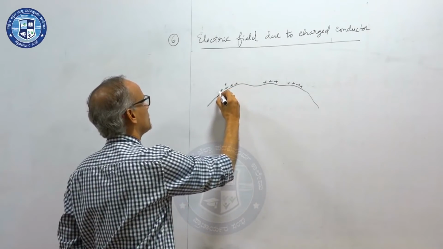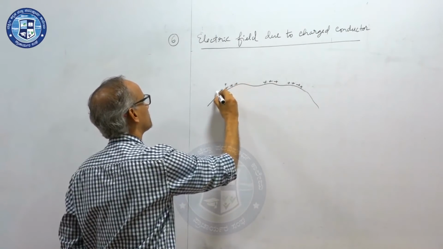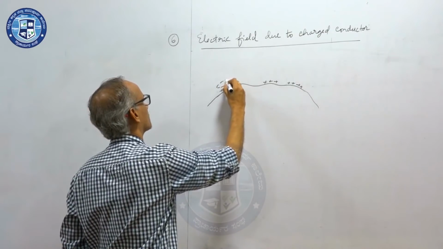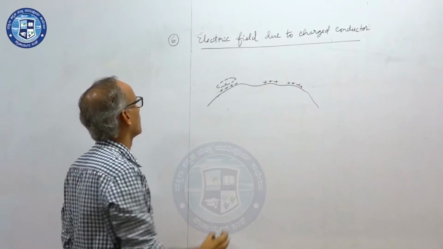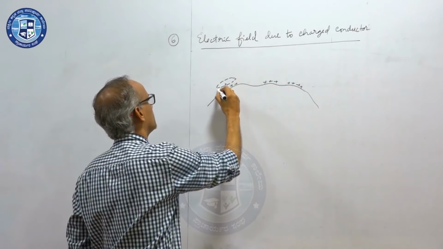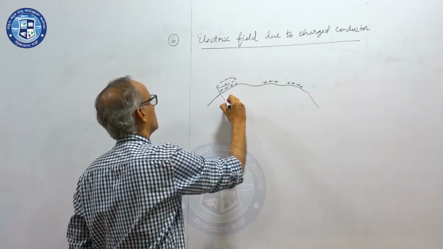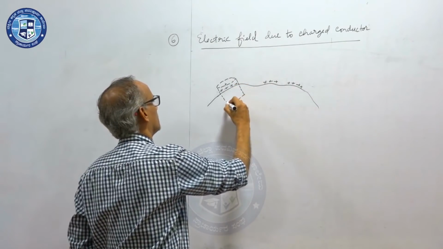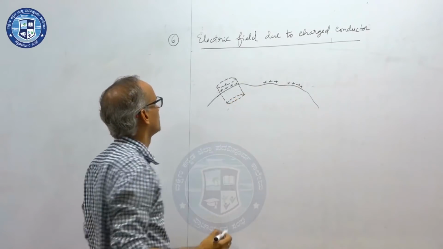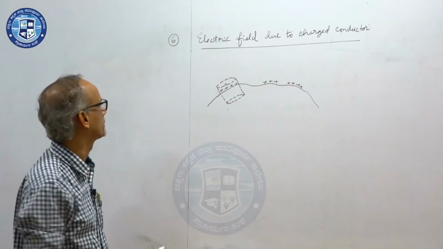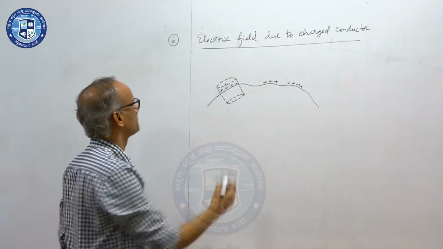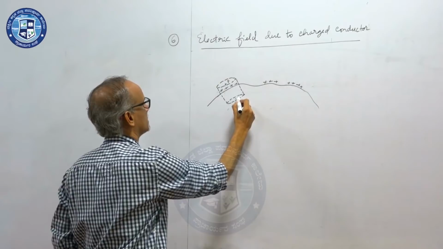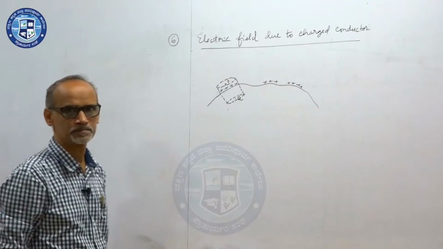Let us consider a small area around this point, and this area I am going to extend within the conductor, so that a Gaussian surface in the shape of a pillbox is taken. Point P lies outside and point Q lies inside the conductor.